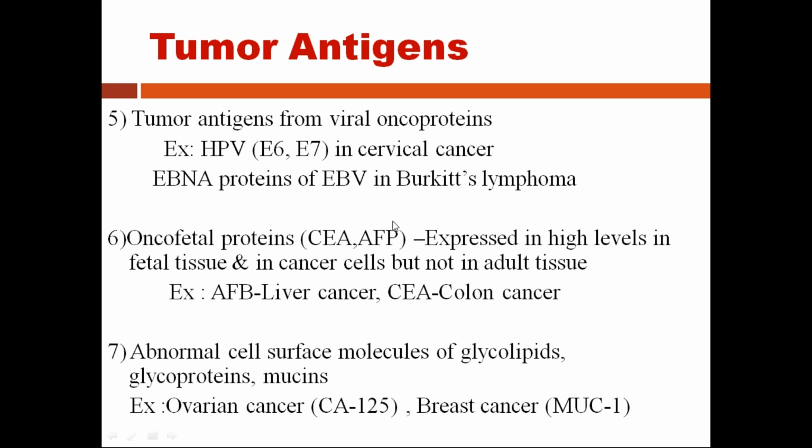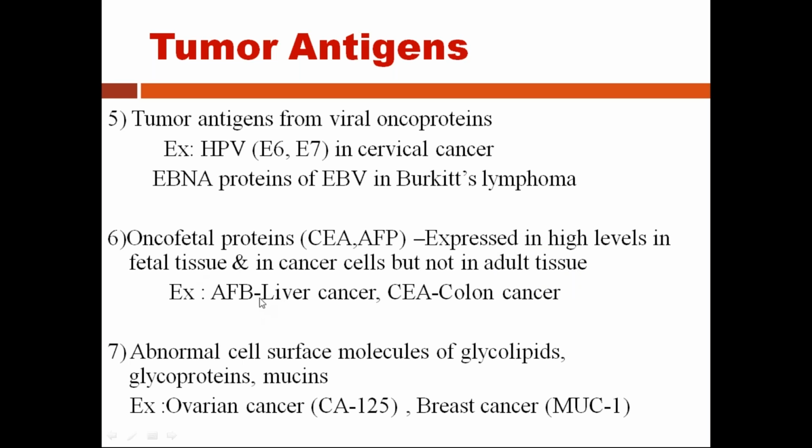Next, CEA and AFP, they are the oncofetal proteins. This carcinoembryonic antigen and alpha fetoprotein, I think you already know about this in your biochemistry. These are expressed in very high levels in the fetal tissue and in the cancer cells, but not in the adult tissue.